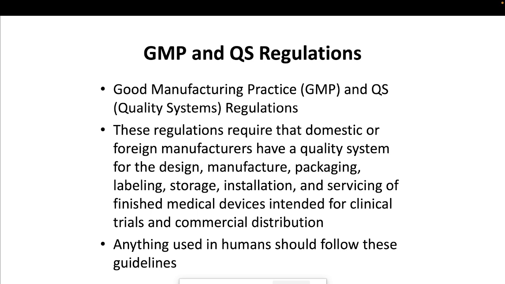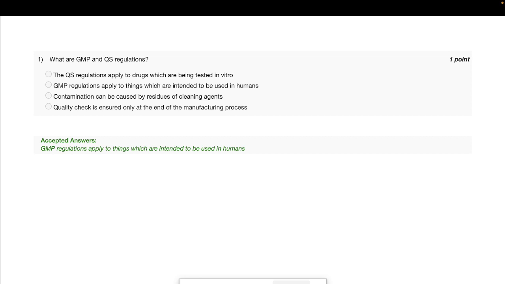These regulations require that your manufacturing is of the utmost quality. Whenever you are manufacturing, packaging, labeling, storing, or installing, everything should be in contamination-free zones. These are good manufacturing practices, and you need to produce your drug using them to get approval for something that is to be used in humans. So that was the question.